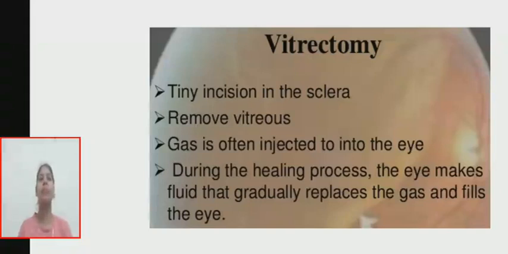Now vitrectomy. Through a tiny incision in the sclera, the vitreous is removed. Gas is often injected into the eye. During the healing process, the eye makes fluid that gradually replaces the gas and fills the eye.